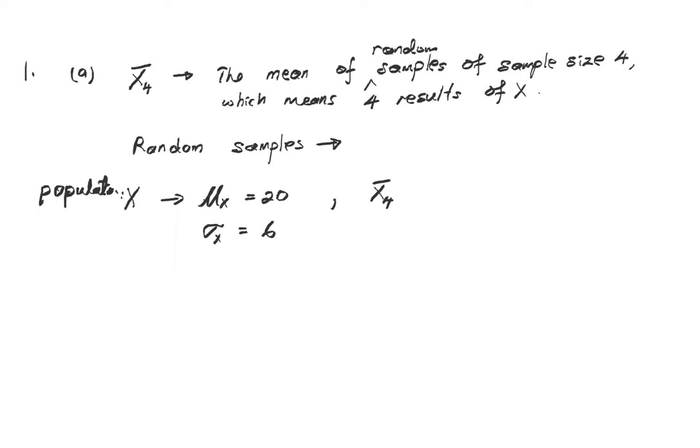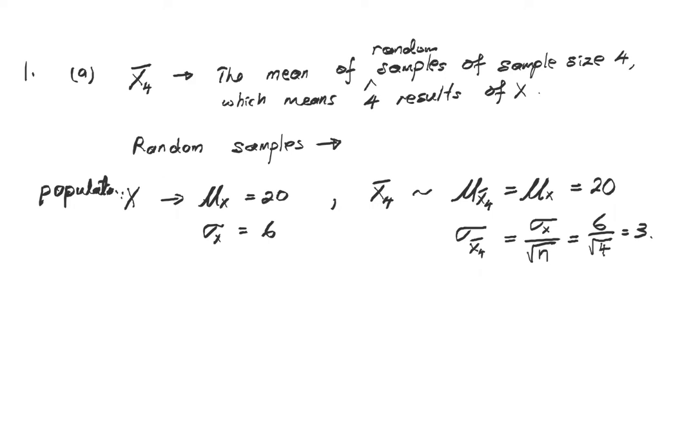That means I take a number of samples, and for each sample I find the mean. The sample mean distribution will have the mean equal to the population mean, so the mean will be 20 also. The standard deviation for this sample mean distribution will be the standard deviation of the population divided by square root of n. So this will be 6 divided by square root of 4, which is 3.